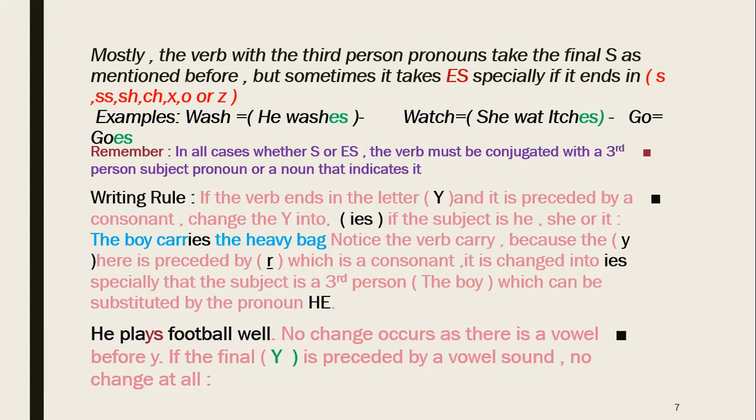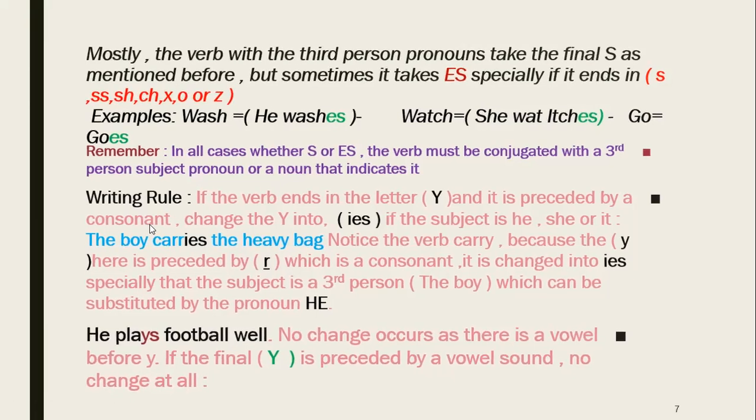So we change the Y only if it is preceded by a consonant. But if it is preceded by a vowel, no change at all. In all cases, whether IES or S, the subject must be one of the three, he, she, or it, or a noun that indicates the pronoun.